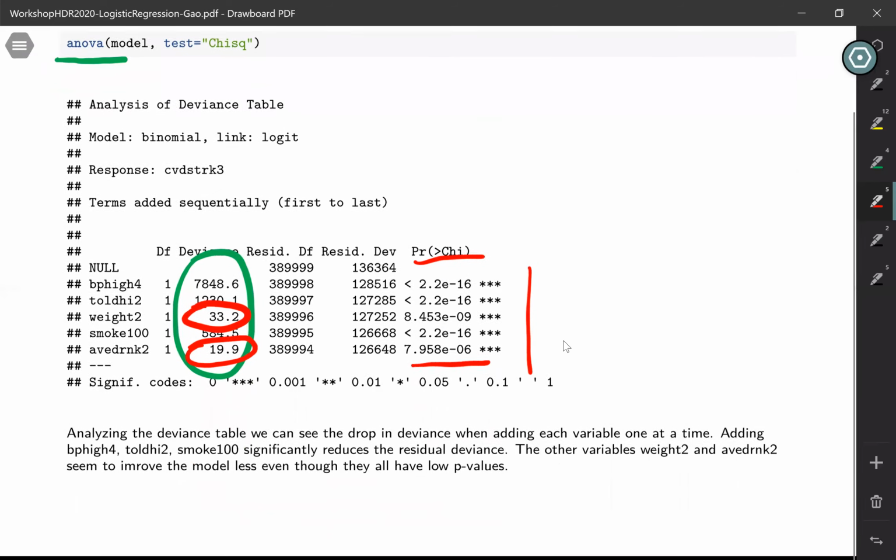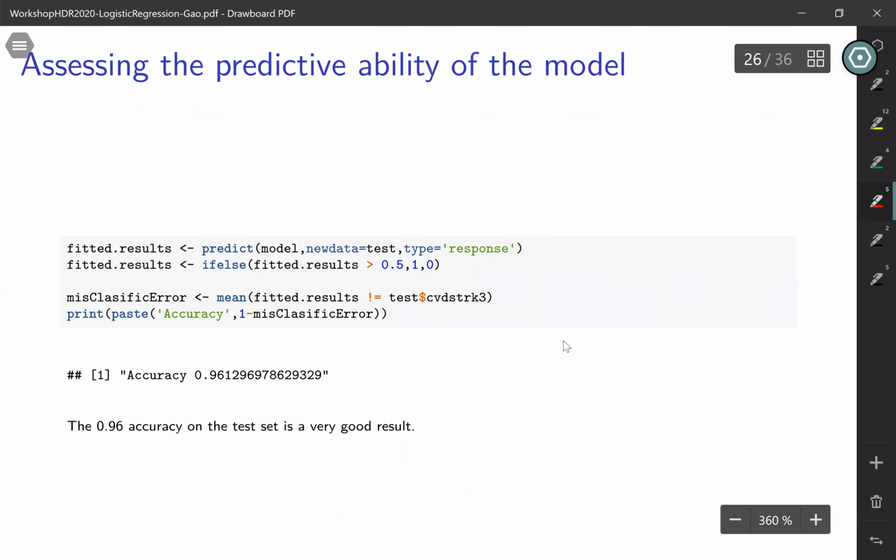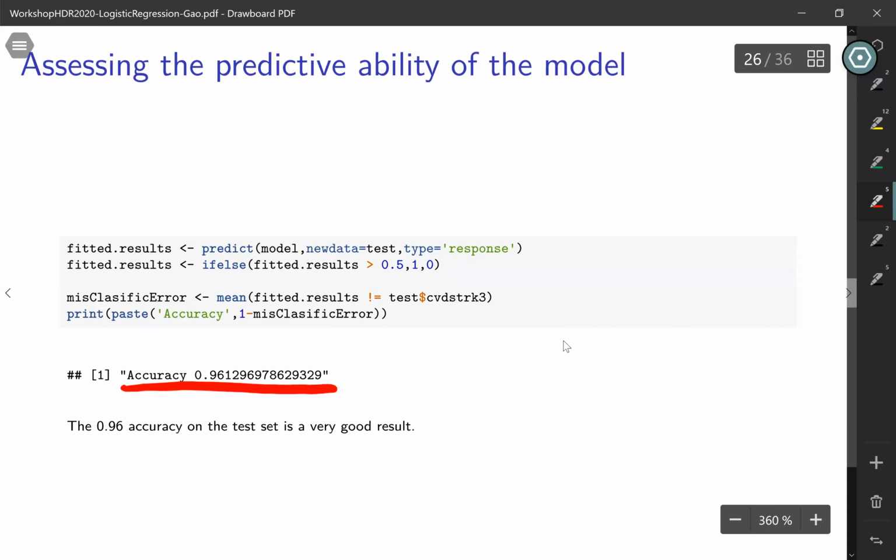So this is how you check the goodness of fit, and then we can also assess how good this model is. We can use other criteria. Here I simply use the accuracy. Remember we have test data, so you can use the test data to check how accurate your model is.